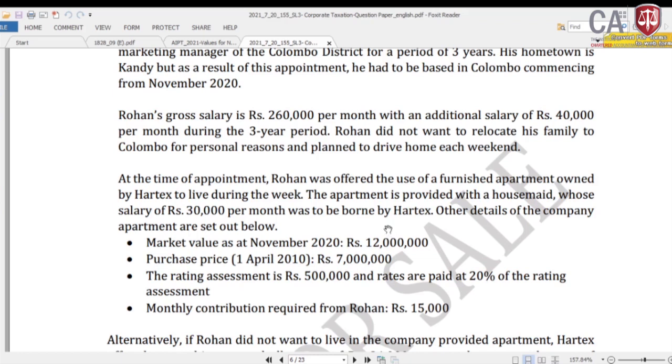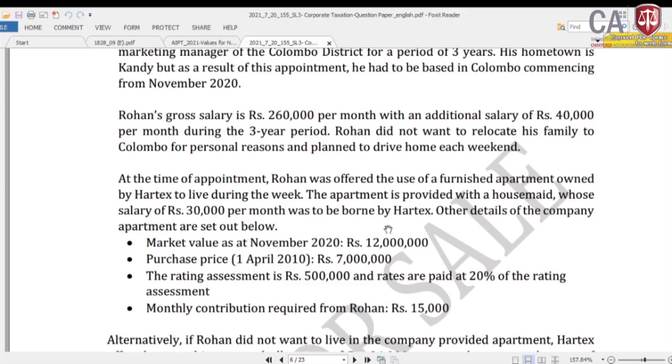If you don't know about the non-cash benefits relevant to employment income, your entire answer is invalid, because you should know about the non-cash benefits applicable to employment income. In section 5, it's a part of the employment income.